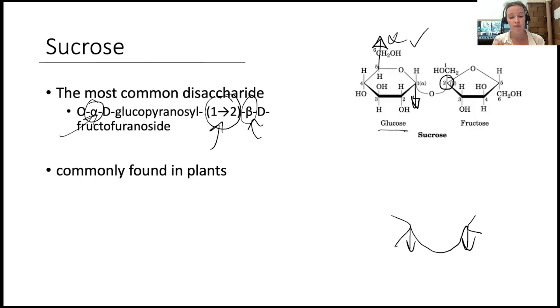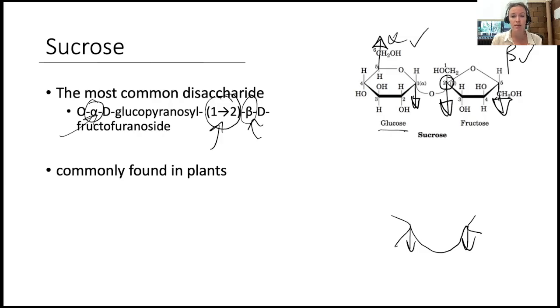So we must also give the designation of fructose's anomeric carbon. Now the glycosidic bond on fructose is pointing down, as is its bulky substituent opposite. So yes, that is beta, and we are all good there.